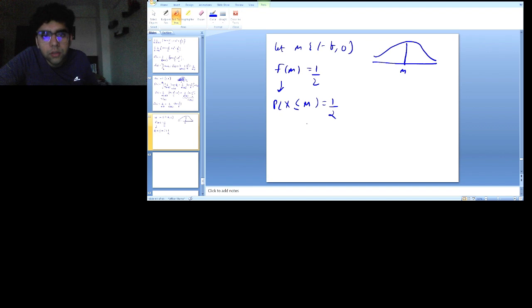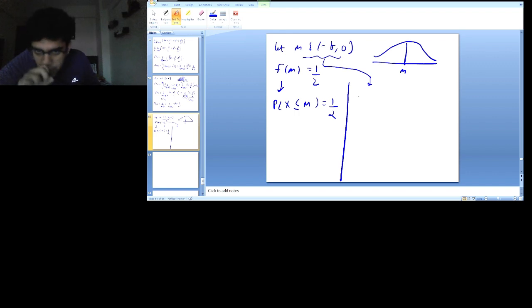So when my m is lying between minus b and 0, my CDF for any number x lying between minus b and 0 was f of x equal to 2b upon a plus b.